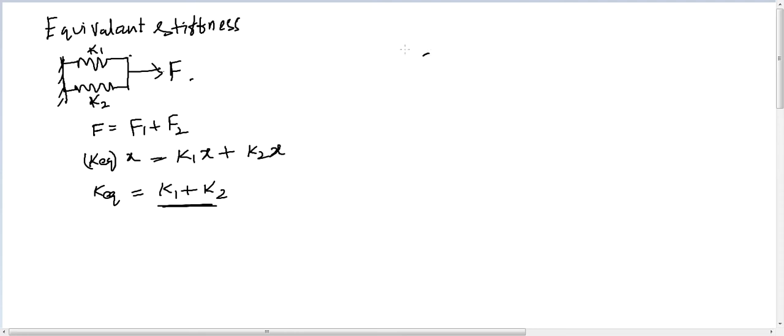Now let us see what if they are connected in series. This is k1 which is connected in series. Let us say this is k2 and this here is k1, and we have force F here. In this case the force is the same.